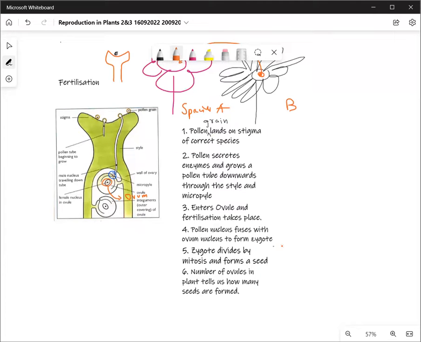These last three steps are the formation of the seed. And all of this is fertilization.